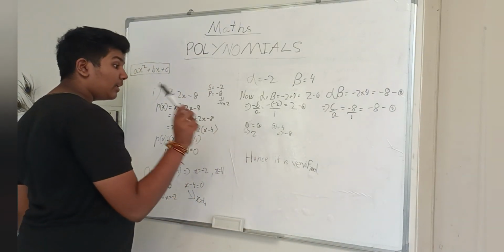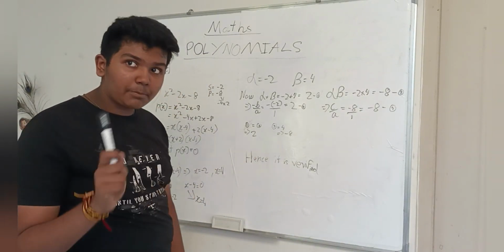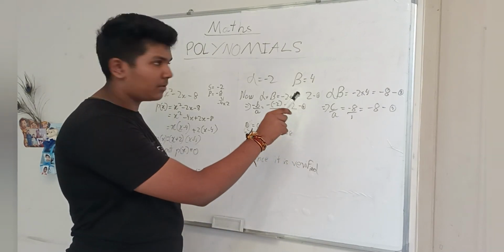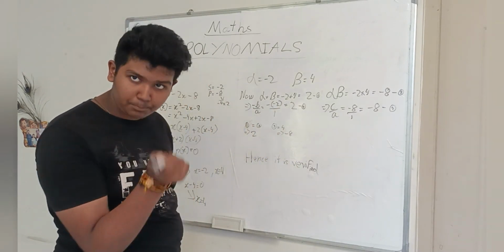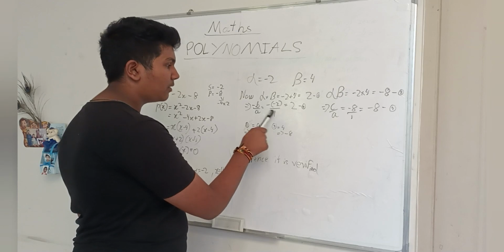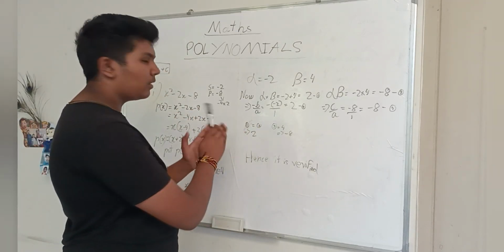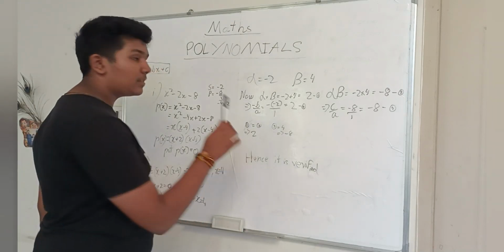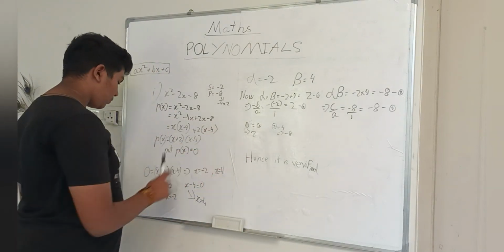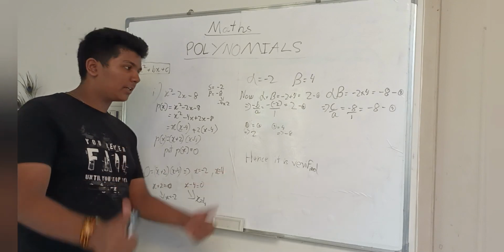Now we'll be putting equation number 1 is equal to equation number 2. So this is the LHS, alpha plus beta, and the RHS is minus b by a. LHS equal to RHS. So this is correct. This zero, that is x1, is correct.